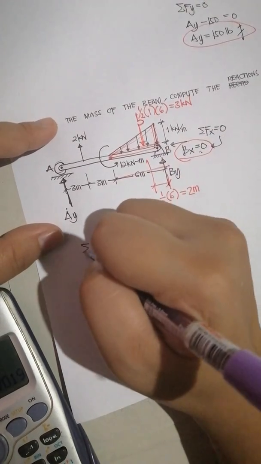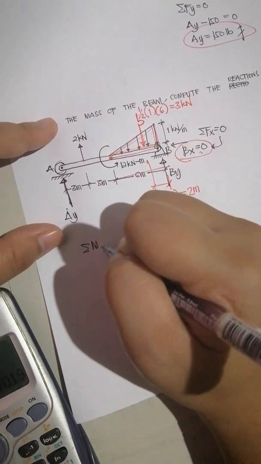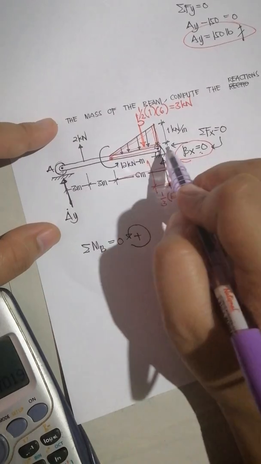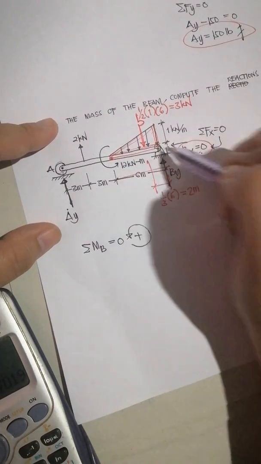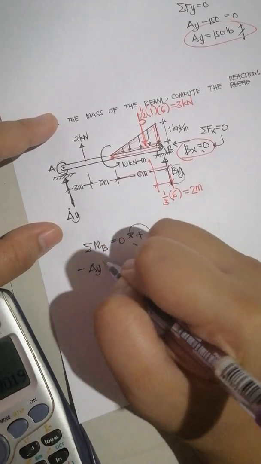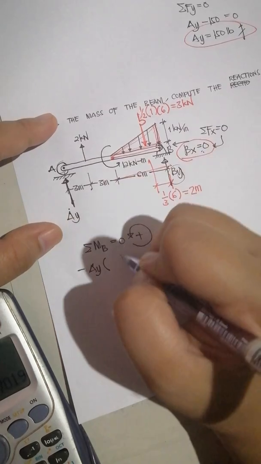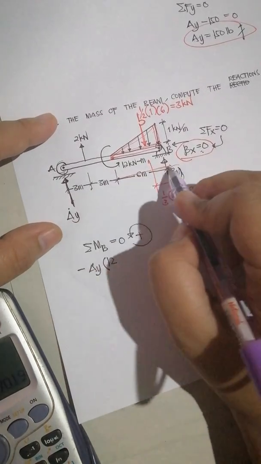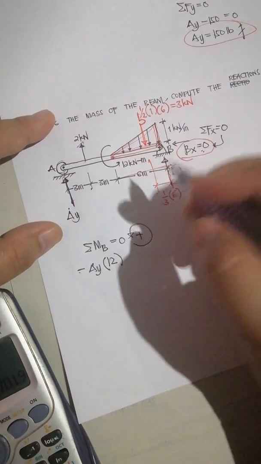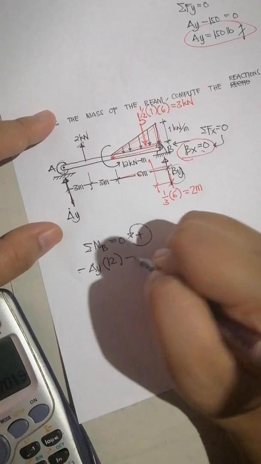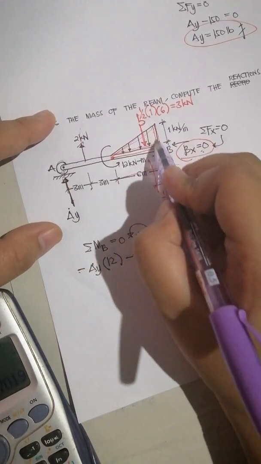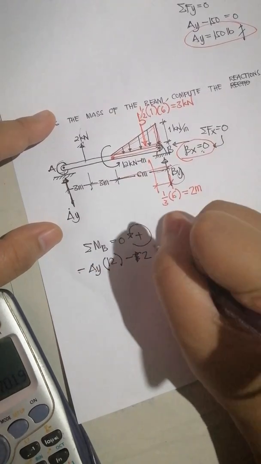So we will sum up moments at B. We will be able to get AY if we sum up moments here, and BY will not be part of the equation. So we have AY negative, distance 6 plus 6, so 12, clockwise, so negative. For the 2 kilonewton upward force, negative 12, 2, clockwise, total distance is 9.